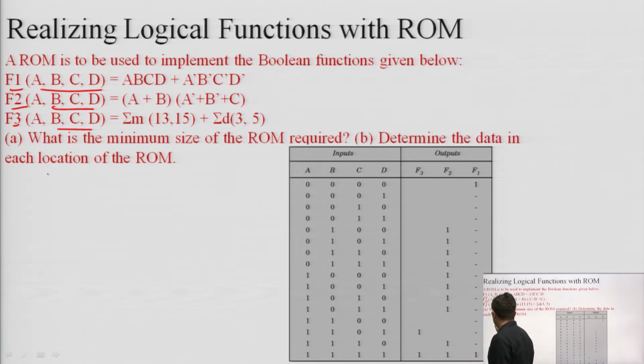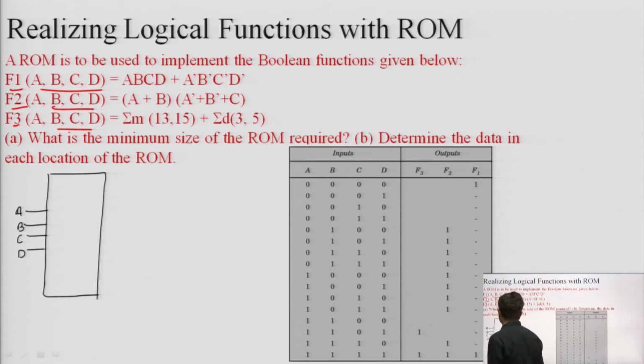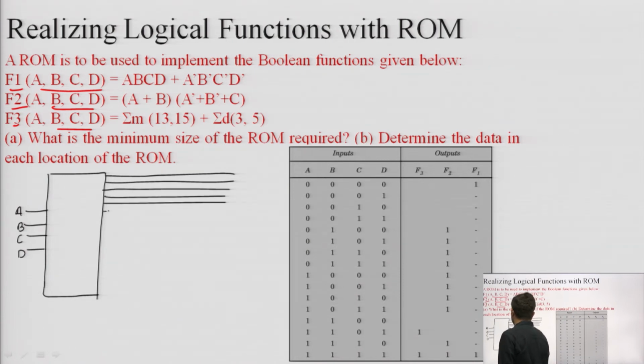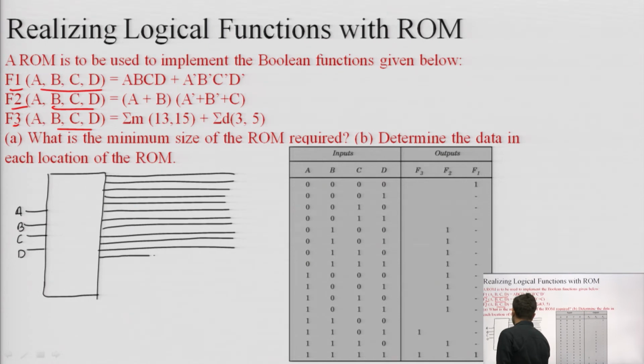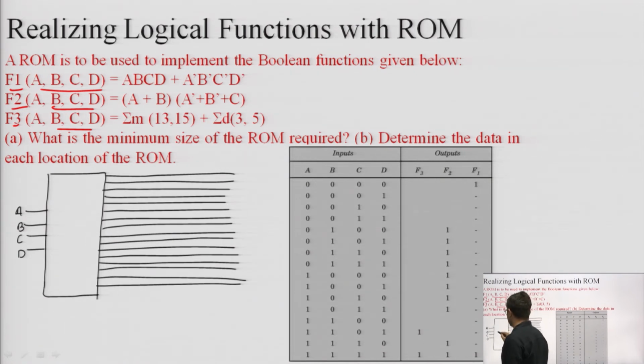So, a 4 cross 16 decoder with inputs A, B, C and D. There will be 16 outputs, so these are the 16 decoder outputs: 0, 1, 2, 3, 4, 5, 6, 7, 8, 9, 10, 11, 12, 13, 14 and 15.